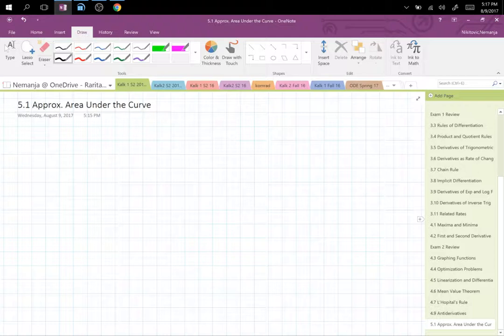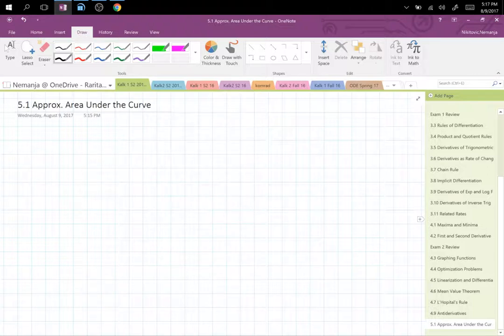The first order of business is to approximate area under the curve. You all know, hopefully, how to find the area of a triangle. You know the formula, right? What's the formula for the area of a triangle? 1/2 base times height. Great. Now, we're not going to use that, but it's cool for you to know.